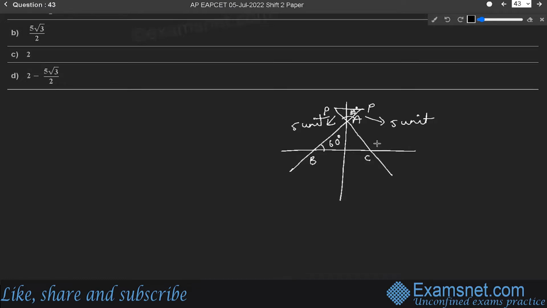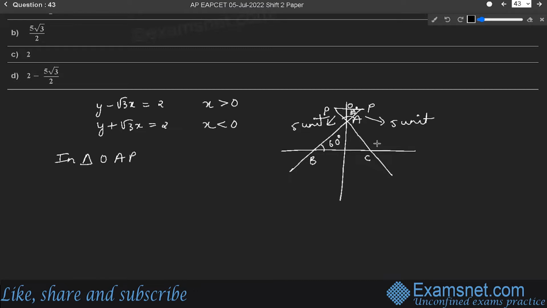Now, it is given that y minus root 3x is equal to 2 when x is greater than 0, and y plus root 3x is equal to 2 when x is less than 0. Now, in triangle OAP, consider this as O. We have 2 triangles here.